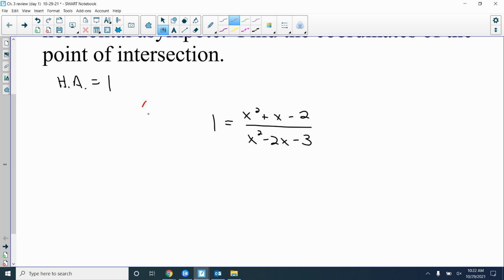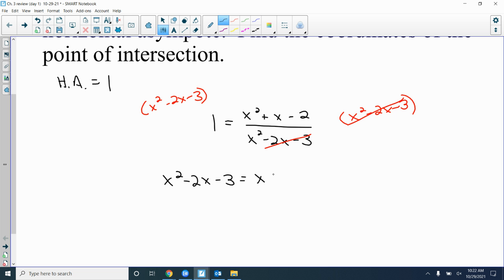I'm going to multiply by x squared minus 2x minus 3. Since those denominators cancel, this ends up working out not too bad, especially since that's a 1. That just gives me x squared minus 2x minus 3 equals x squared plus x minus 2.